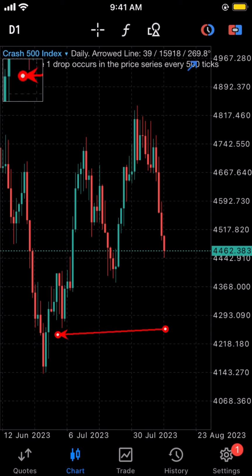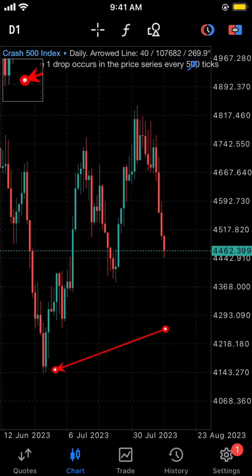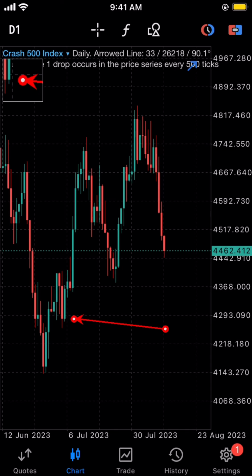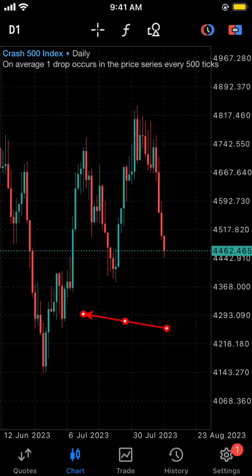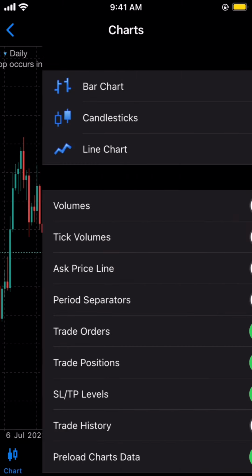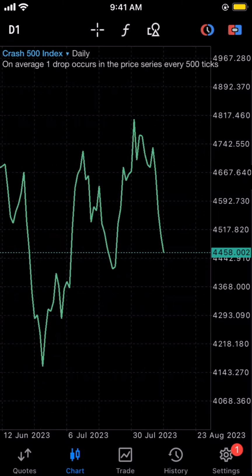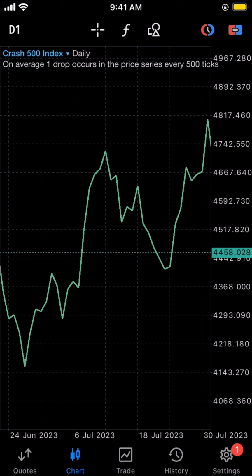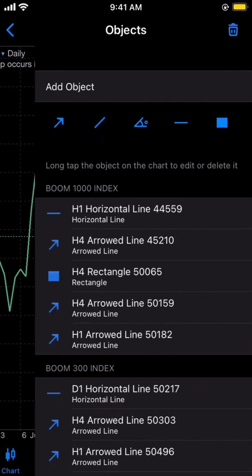But if you come to this area, which one are you going to choose? Are you going to choose this one or this one, or are you going to consider both of them? So in this kind of tricky situation, do yourself a favor, go to setting, change the chart to line chart, and things become clean and neat like this.